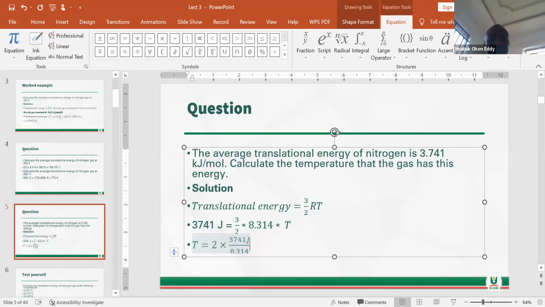Let's forget about the unit. 8.314 times 3 divided by 3.